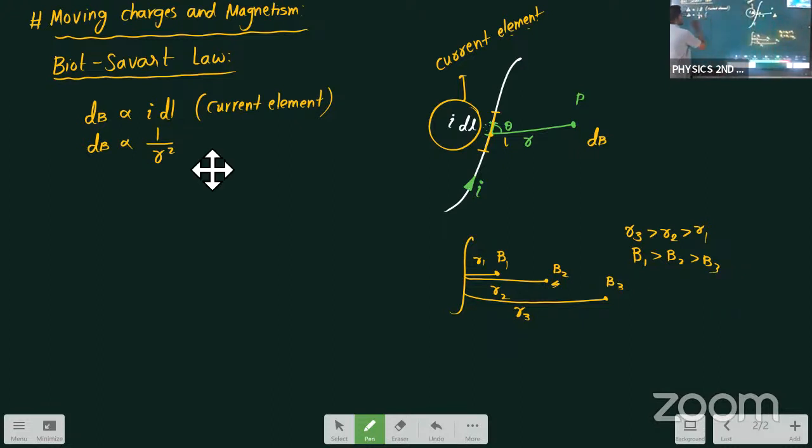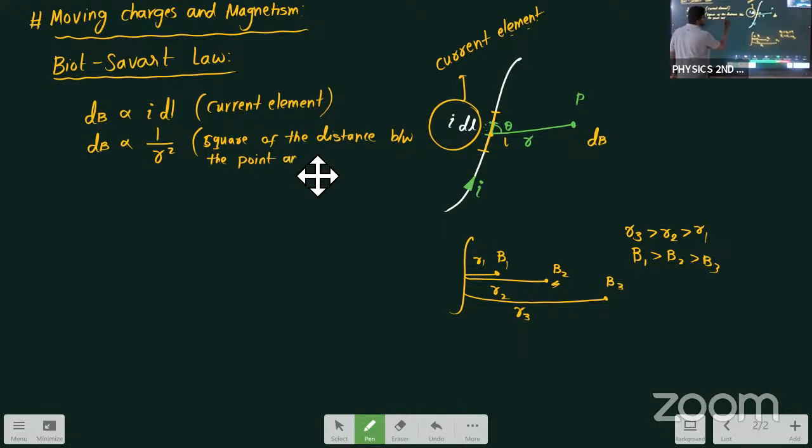The magnetic field induction at point P is inversely proportional to the square of the distance between the point and the current element. This was the second observation made by Biot and Savart.